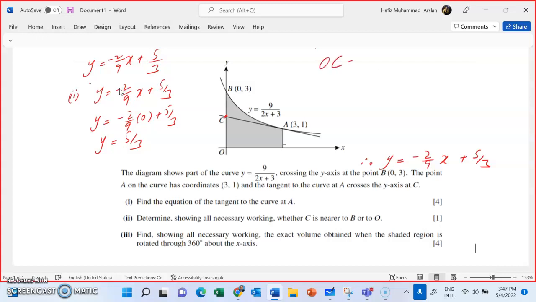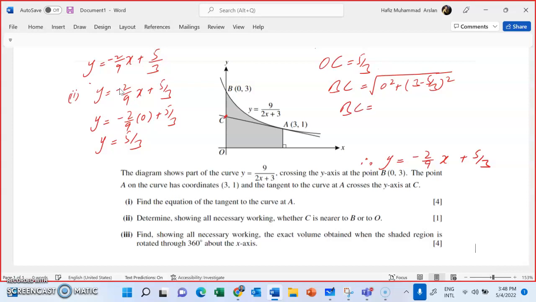So O to C is 5 by 3, and then the BC distance will be, we can use the distance formula to prove it. So it's x2 minus x1, so it's 0, and then 3 minus 5 by 3 squared.